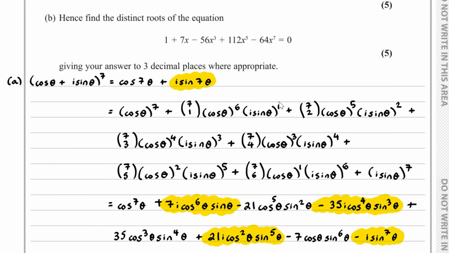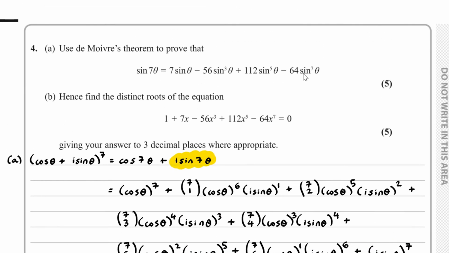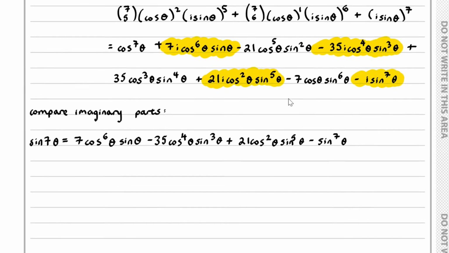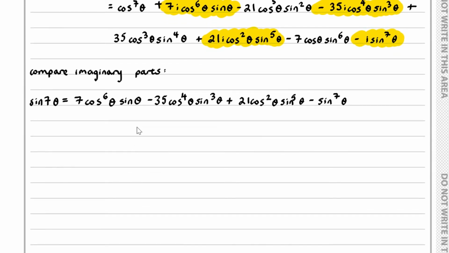Now, if you remember, the question has everything involving sines only. What links sine to cosine is the identity cos squared plus sine squared equals 1. In other words, cos squared is equal to 1 minus sine squared.